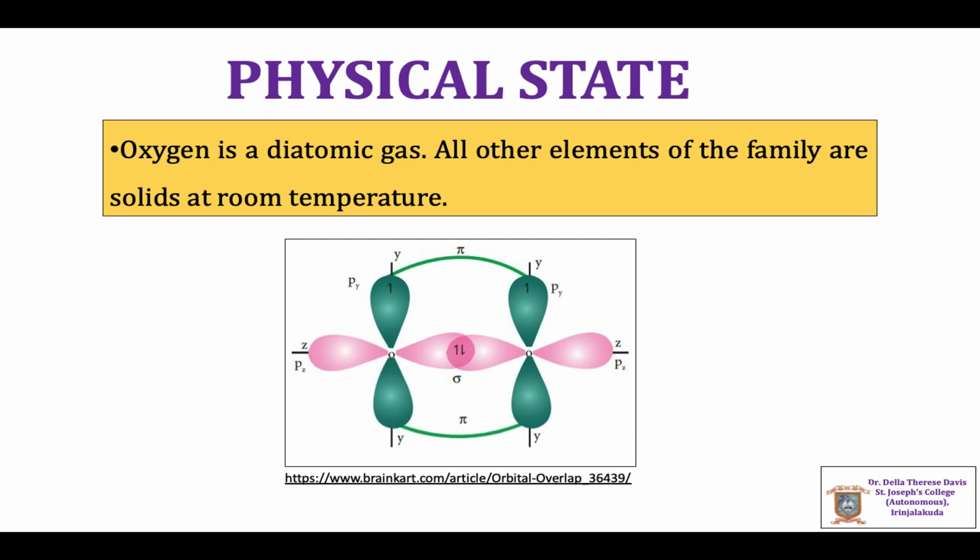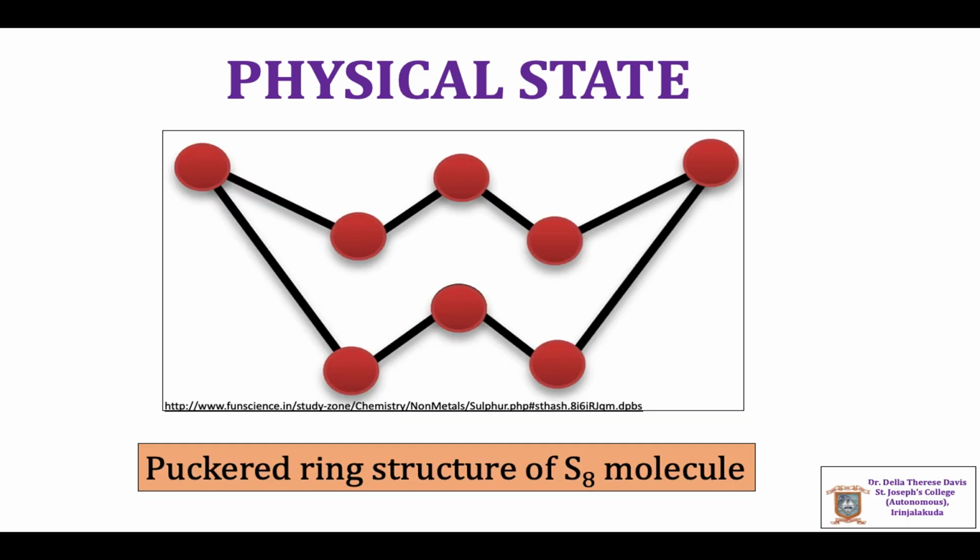This p-pi bonding is not much effective in the case of higher members, sulfur, selenium, tellurium, and hence these elements do not have a tendency to exist in diatomic state. Sulfur exists as S8 molecule. The puckered ring structure of the S8 molecule is shown in the figure.